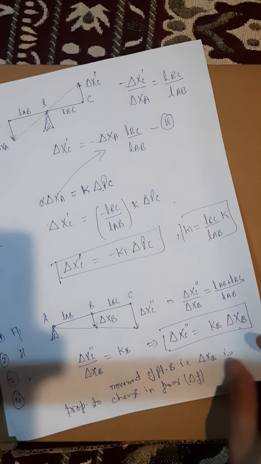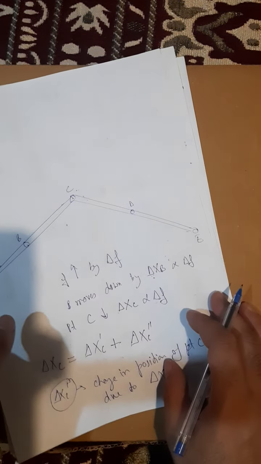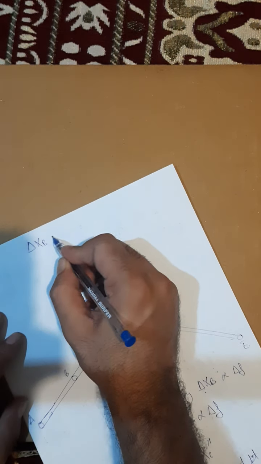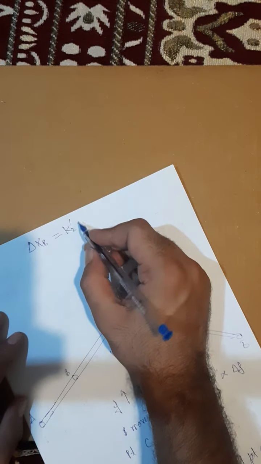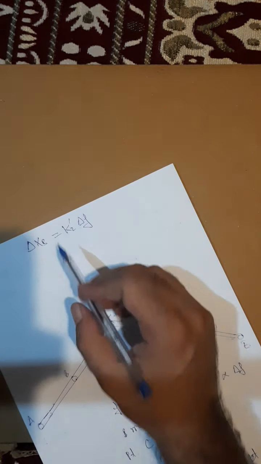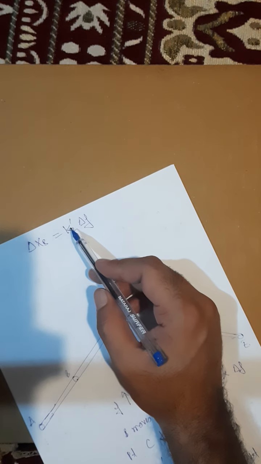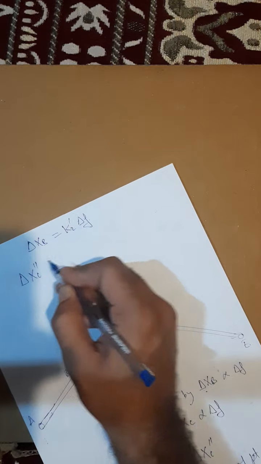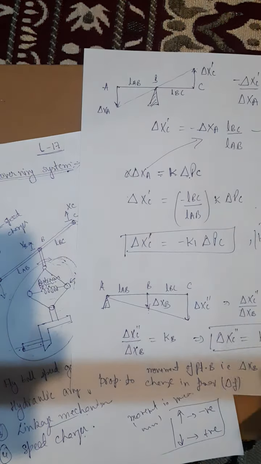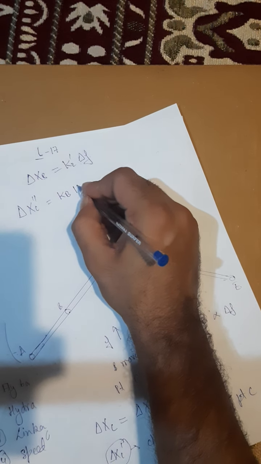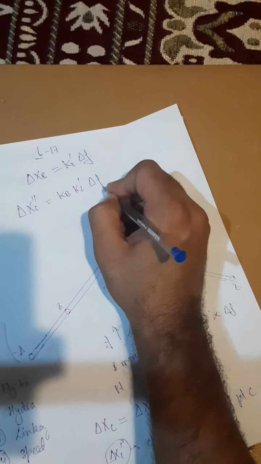So delta xB is proportional to delta f, so I will use a proportionality constant here. Delta xB is equal to k2 dash delta f, where k2 dash is the constant of proportionality. Now can I replace delta xC double dash? Delta xC double dash was kb into delta xB, and delta xB is k2 dash into delta f.